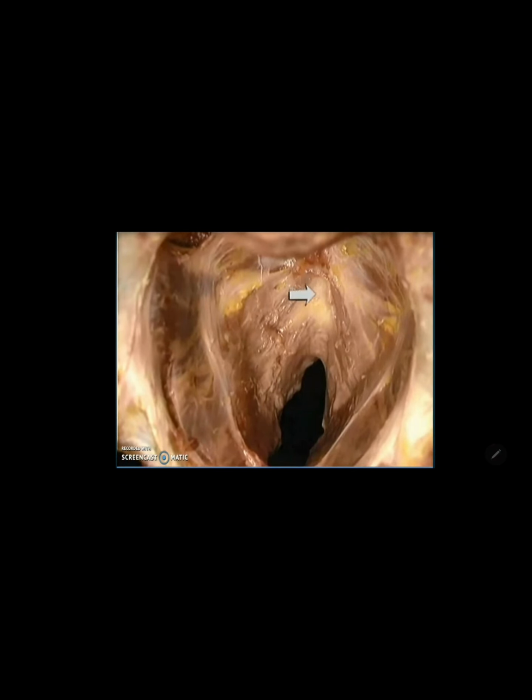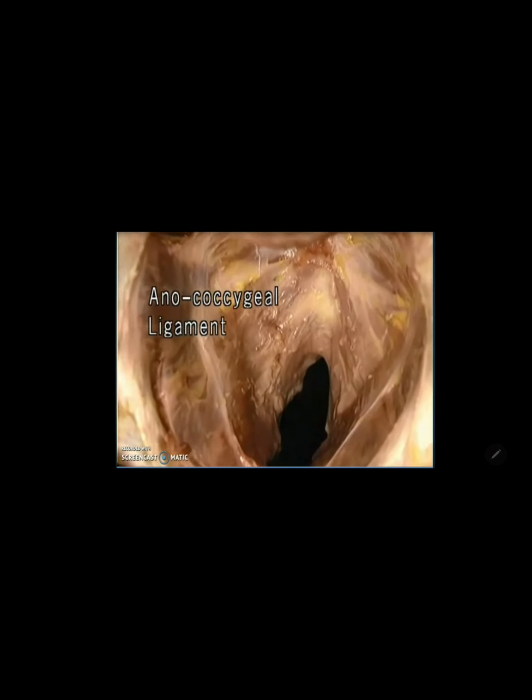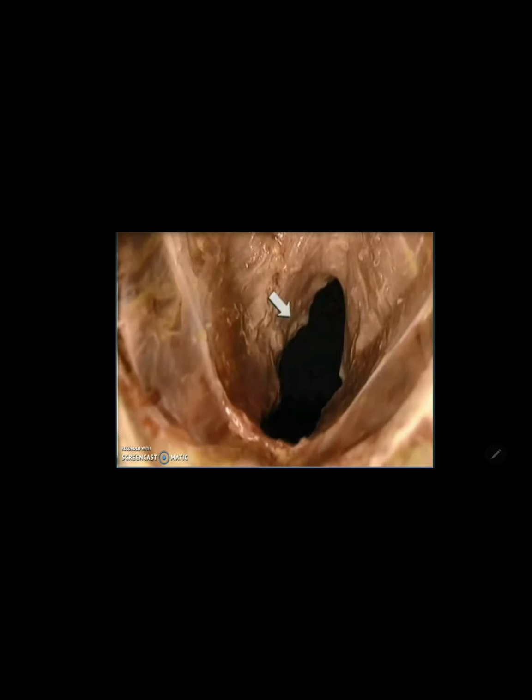You are seeing the superior fascia there, that is the anococcygeal ligament. We have seen that in the animation, and you can see that is the puborectalis muscle forming the anorectal ring.